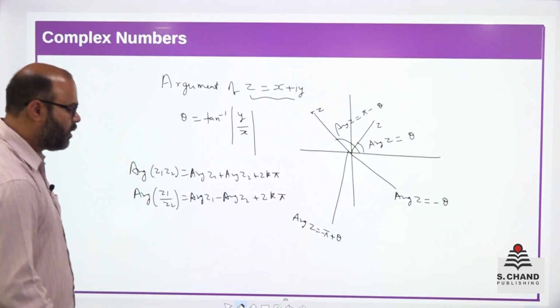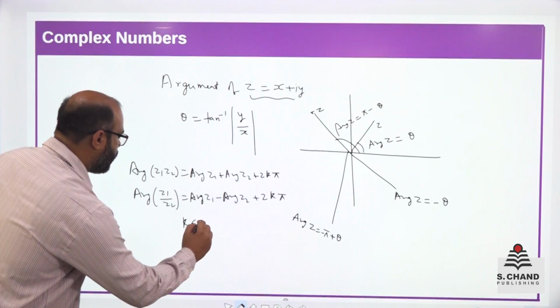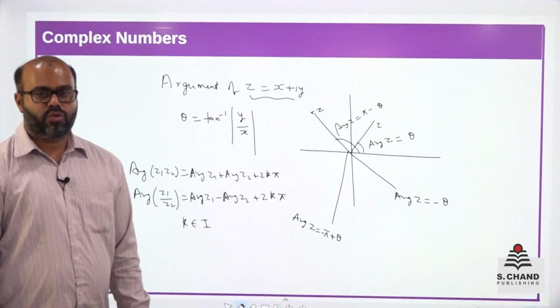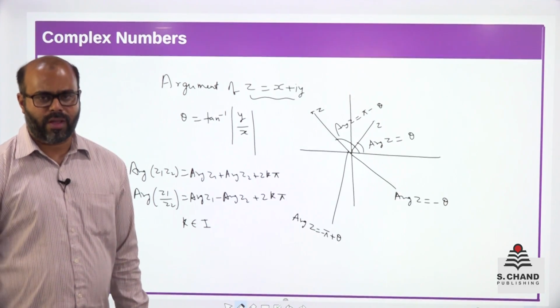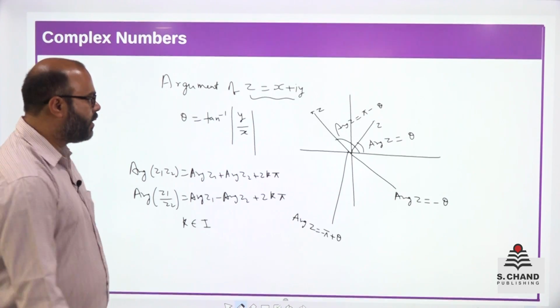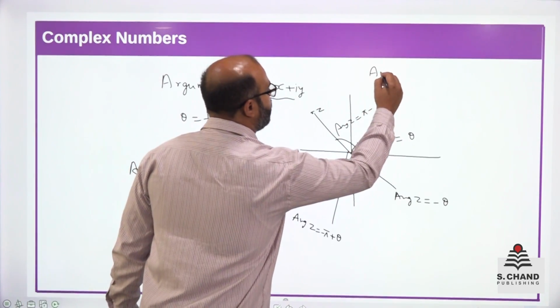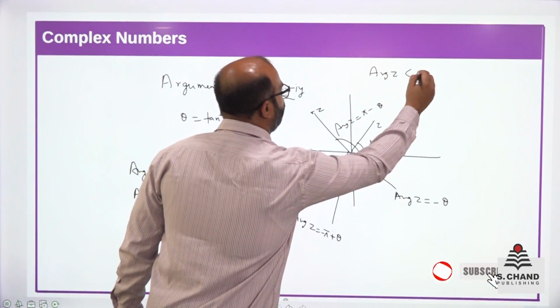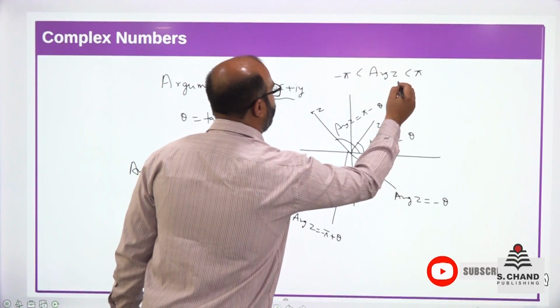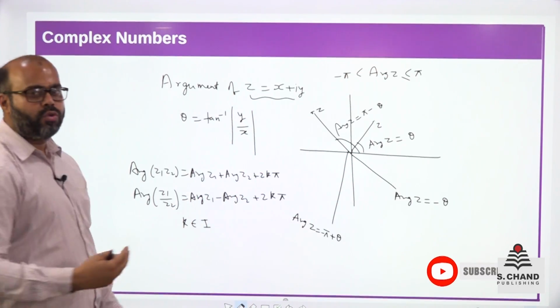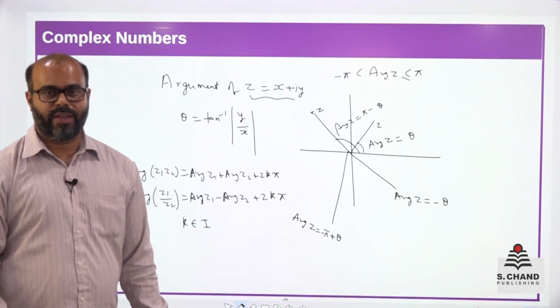Here again k is an integer. We add this 2k pi because we want a principal value range of argument which is from minus pi to pi. So argument of z always lies between pi and minus pi. So this addition is done to compensate any extra addition or extra subtraction.